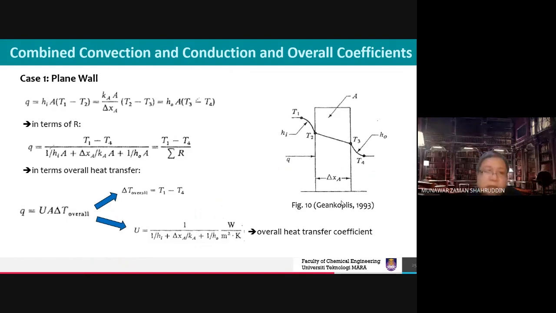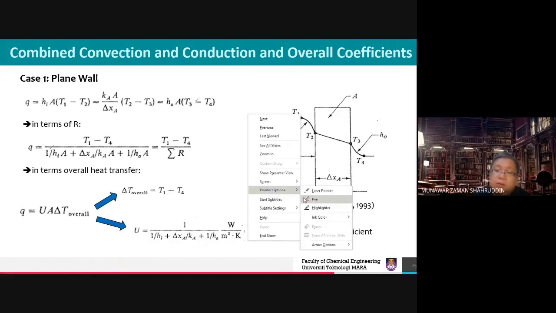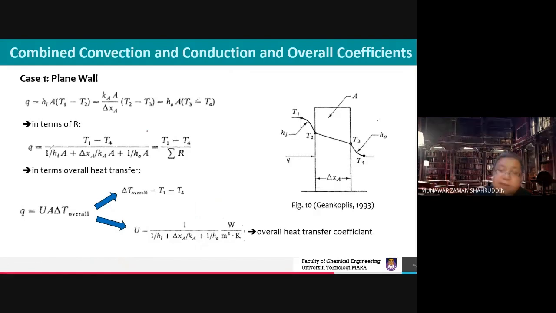So this is not a big deal. It's just that you have to add this layer, this layer of resistance. It's just like you have a layer of convection, a layer of conduction inside, and a layer of again convection.